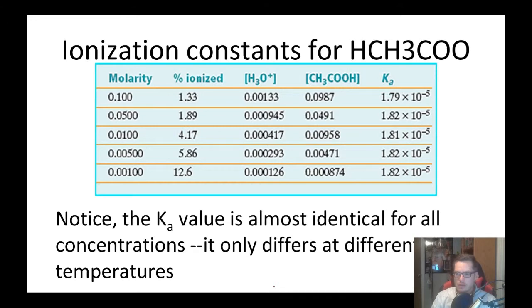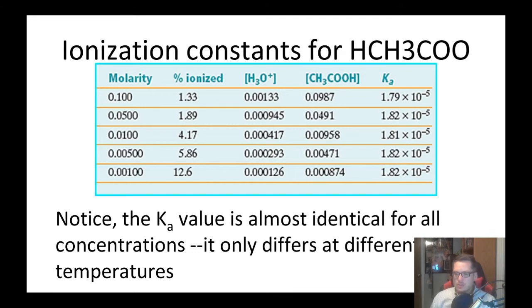Notice also that this is specifically for acetic acid, and they've listed out different molarities: 0.1, 0.05, 0.01, 0.005, and 0.001, and they tell you the percent ionization, so essentially how much of our acetic acid ionized.